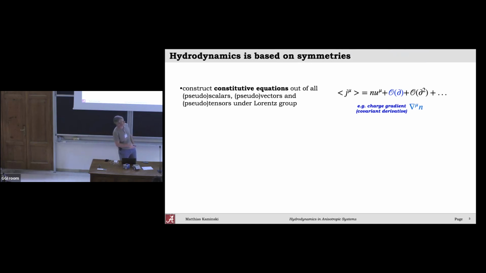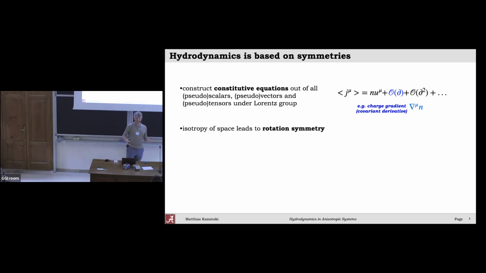This is a charge density, fluid velocity, and then at first order in the gradient expansion, you might have a covariant derivative acting on a charge density n. And then you have higher order corrections in the derivative expansion, and those are the types of tensor structures that I'm talking about here. So this would be a Lorentz vector, this gradient mu n.